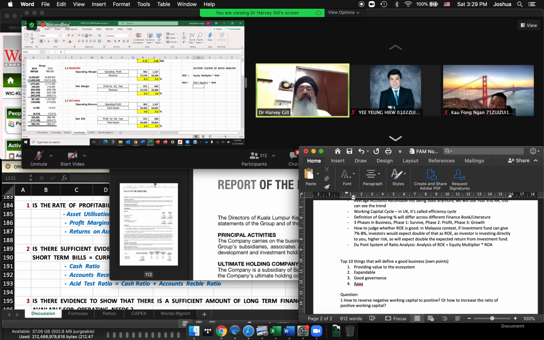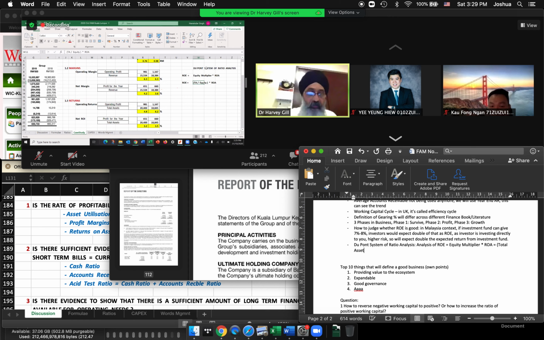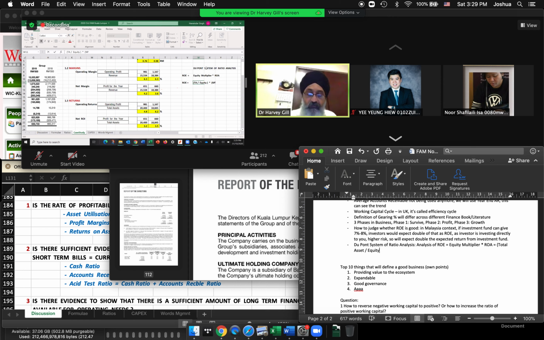Yeah, this will still give you the same answer if you took net profit after tax divided by equity. Yeah, what is ROA? ROA is net profit after tax divided by total assets. Now please look at this term carefully. In the first term, total asset is the numerator on top. In the second term, it is below.